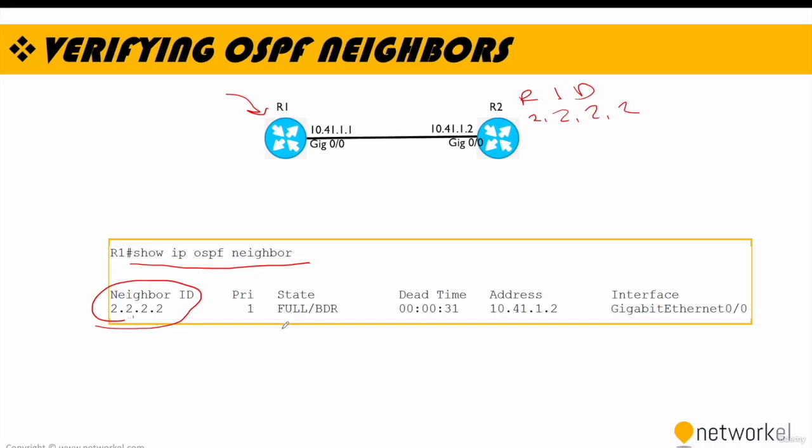I am seeing the state of the OSPF neighborship, the dead timer, as well as the address, which is this time the IP address of the router 2 interface, and I'm seeing the interface that I am connecting to router 2 as well.